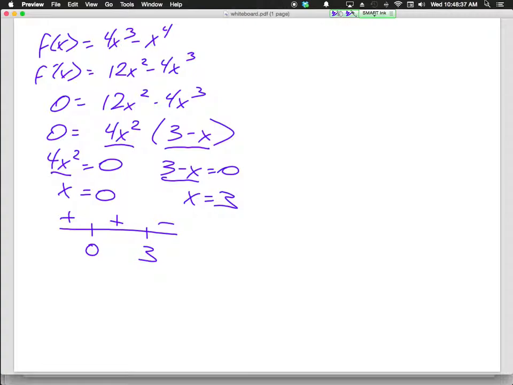Okay? So now, Brock, I should be able to tell whether or not I have any relative extrema. So give me the relative extrema and justify it for me. Relative maximum of 3 because f prime of x changes from positive to negative. Outstanding.